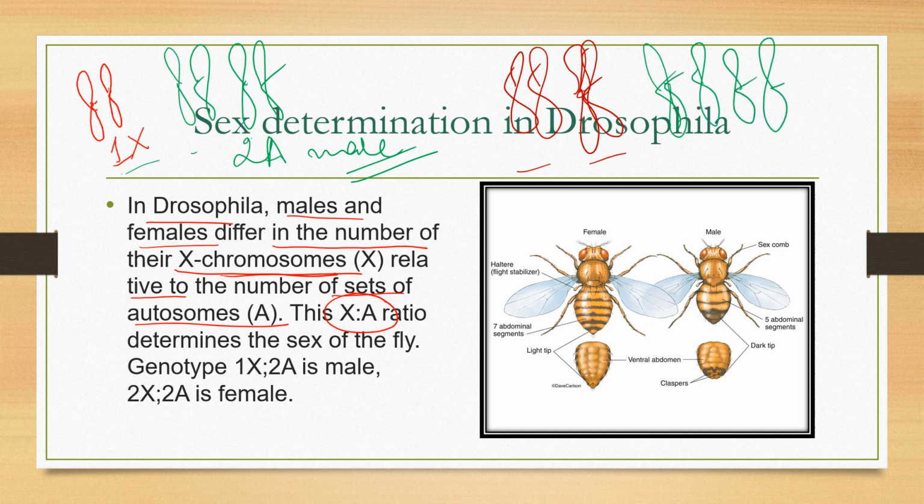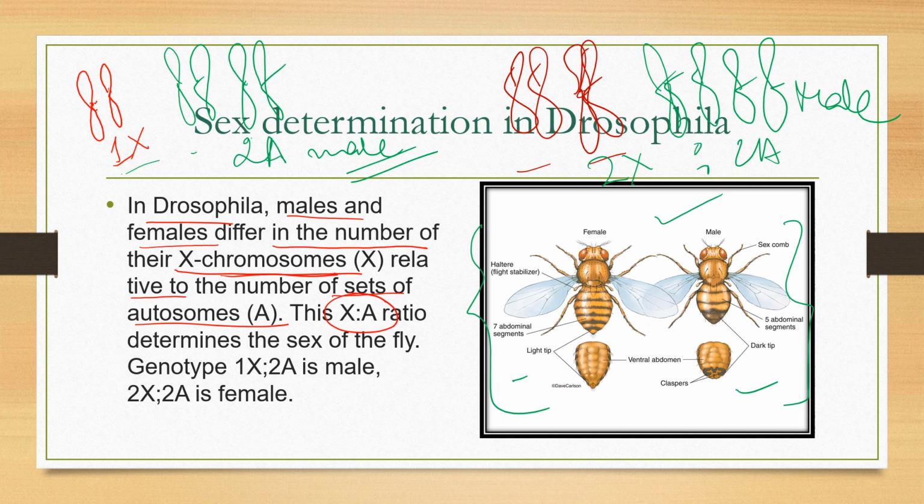So this will be 2X is to 2A, a female. This is how the genotype of the male and female sex determination in Drosophila is done. You can see this is the male one and this is the female one. There are certain differences, and those differences we are going to discuss in the next slide.